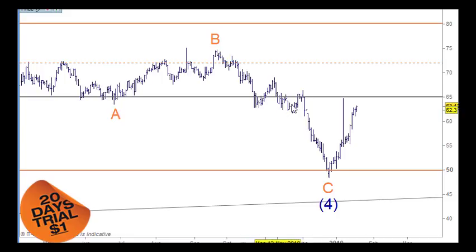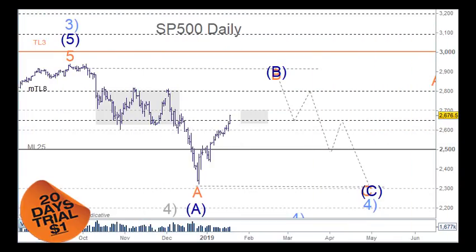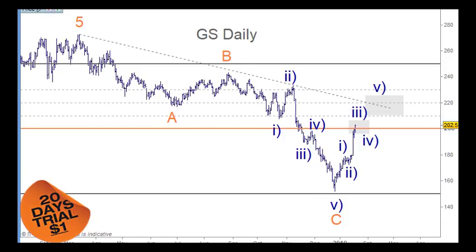In reflection from that, we've got that consolidation and support here, and so that's going to create resistance there. We've also got Goldman Sachs here. That's also coming up into 200. Not a lot of resistance here, but 200 is a large number.